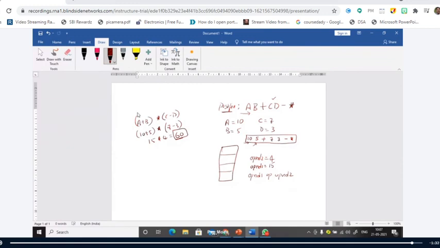So it is 15 star 4. Result is 60. Again push this result onto the stack. Now you have reached the end of the expression, and the element present on the top of the stack will be the result of the postfix expression.